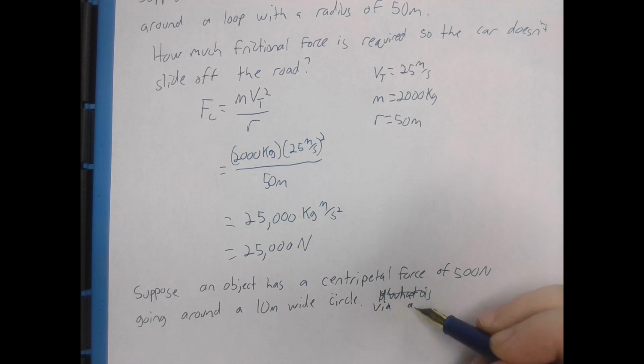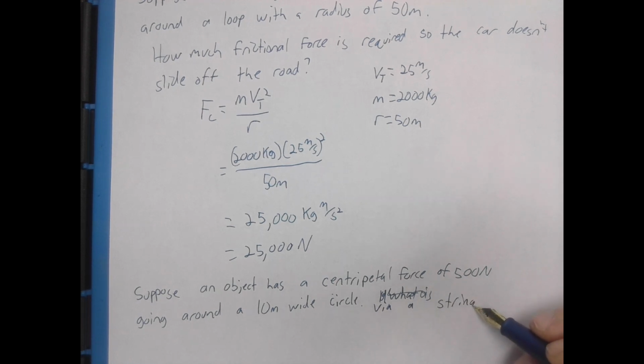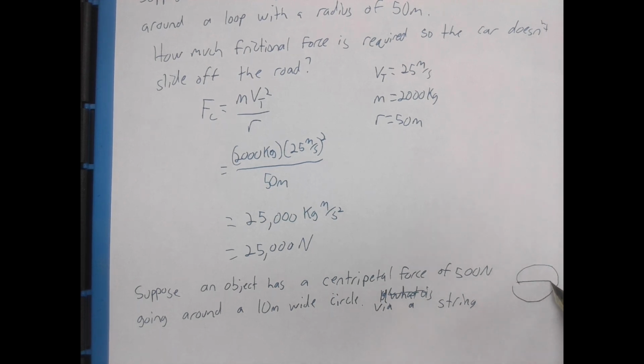via a string. So a string is attached to it. The circle is 10 meters wide, and we have a string attached into the center, and the object is here.